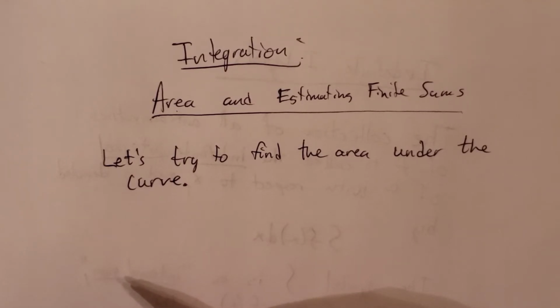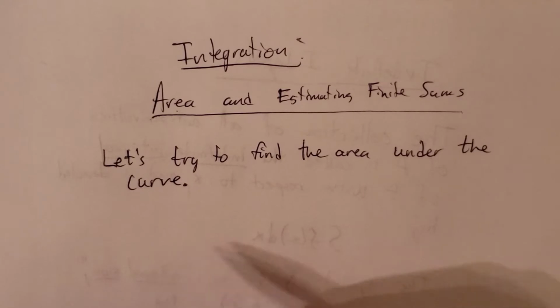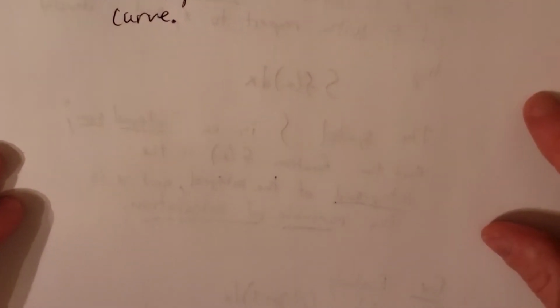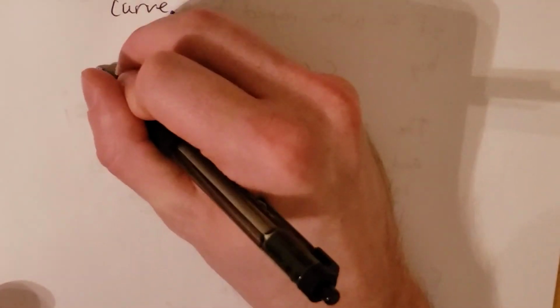We're going to estimate the area under the curve, and then eventually we will take a limit of these estimated areas under the curve, and that will help us calculate the exact area under the curve. So in this video, really what we're going to focus on is estimating the area under the curve, and we're going to do that via this intro example.